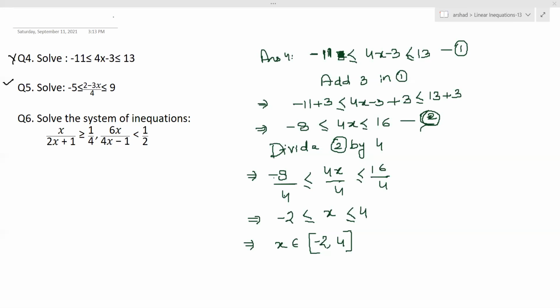Ikhra and Iram, did you complete this one? Ikhra and Iram, is question number 5 completed? No, sir, I'm not able to solve. You're not able to solve, not an issue. Okay, Iram, what is the answer of question number 5?